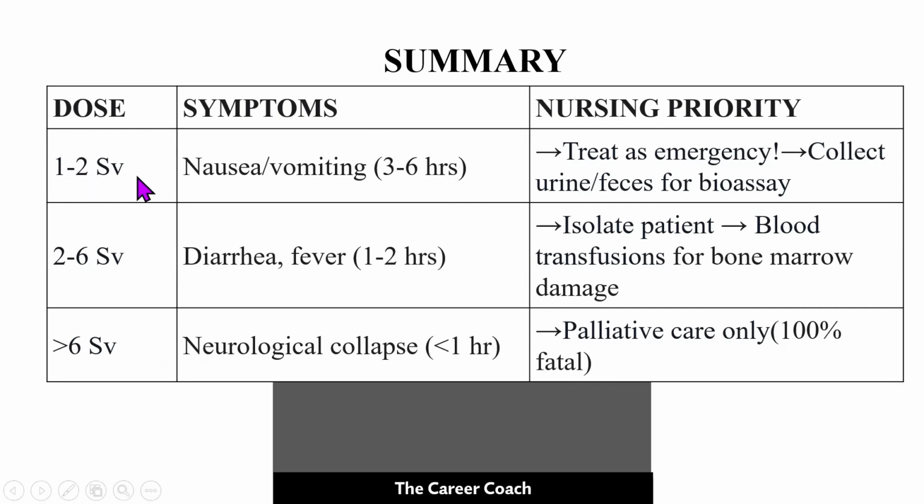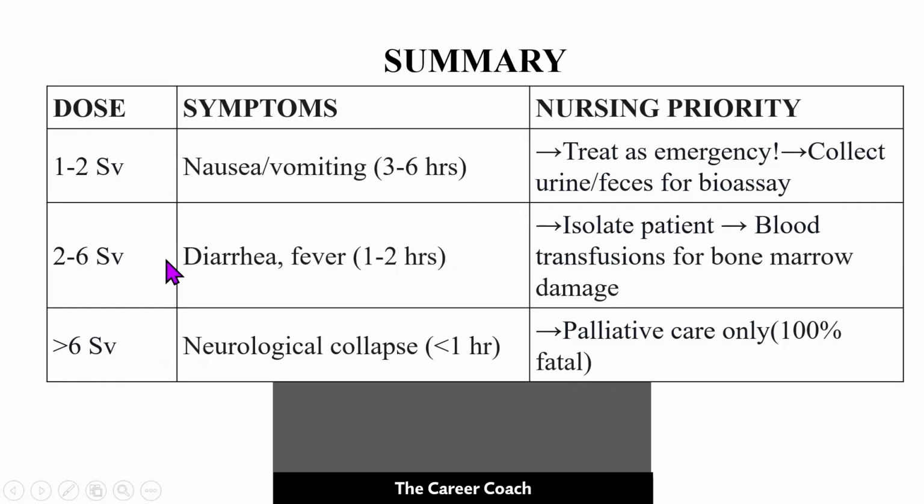About 1 to 2 sieverts of exposure will lead to nausea and vomiting, at about 3 to 6 hours of exposure. Nursing priority: nurses must treat it as an emergency when it has led to nausea and vomiting. There is also need to collect urine and feces samples for bioassay.